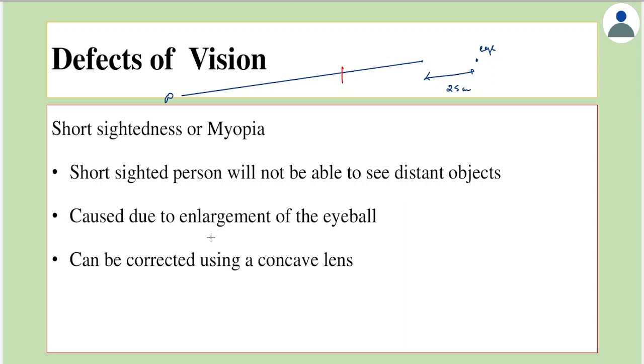The first type of defect is called short-sightedness or myopia. So let's define what it means. It basically means that a person affected by myopia will not be able to see distant objects, so it's also called short-sightedness. The range of vision will be very short.